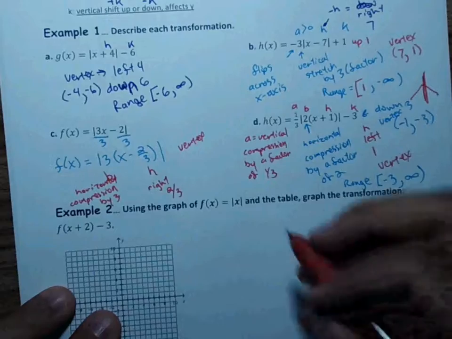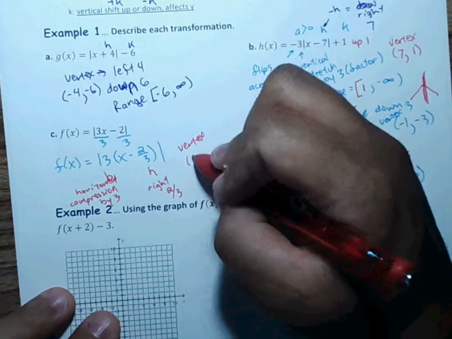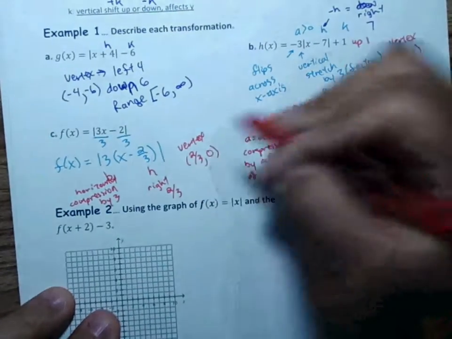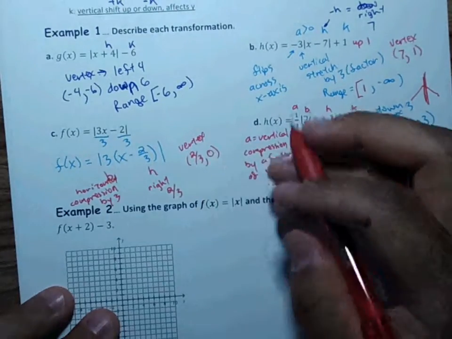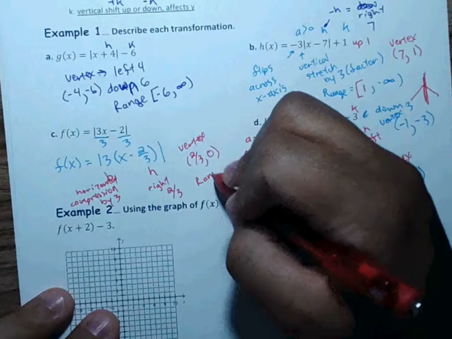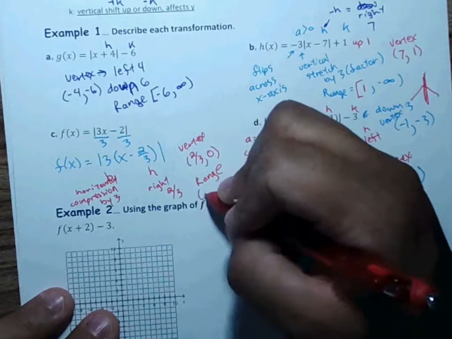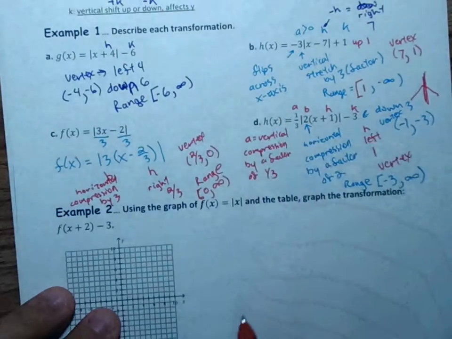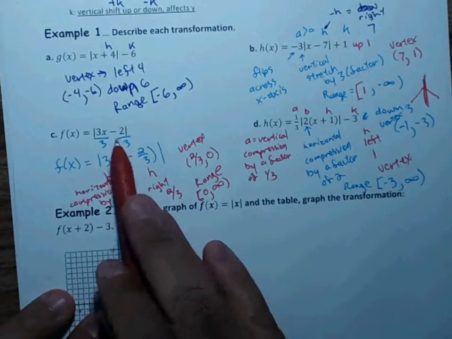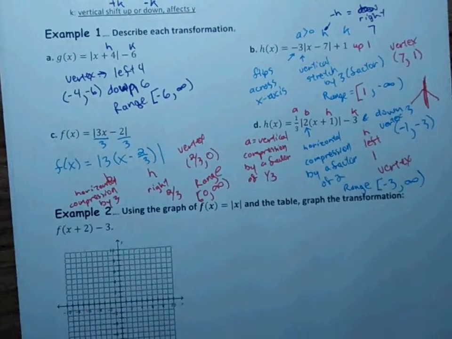So my new vertex is going to be (2/3, 0), and since I only moved it to the left and right, I didn't actually change my range, so my range is still going to be 0, infinity. So this is something to be careful of. If it's not separated with parentheses, it's not intuitive as to what your transformations are going to look like.